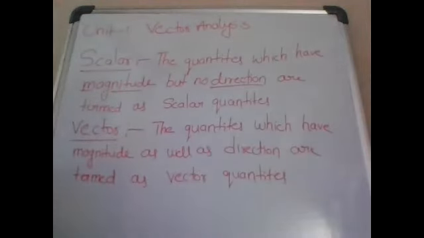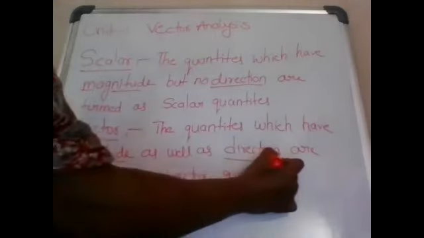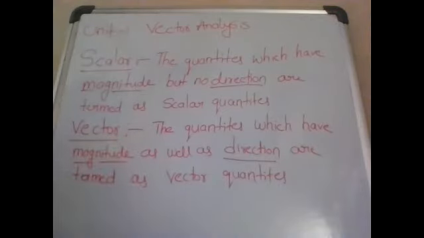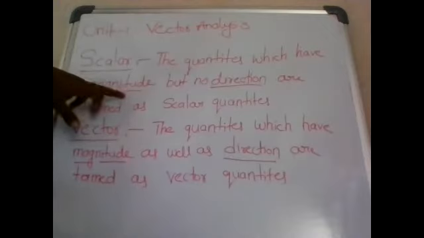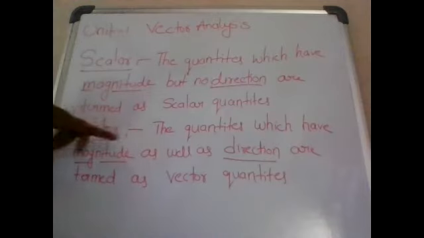So what is a vector? The quantities which have magnitude as well as direction are termed vector quantities. So these two are the definitions of scalar and vector. Quantities which have only magnitude are called scalar, and quantities which have both magnitude and direction are called vector.